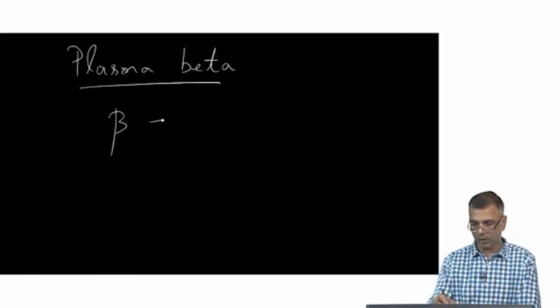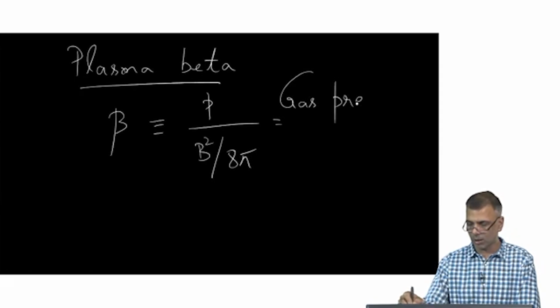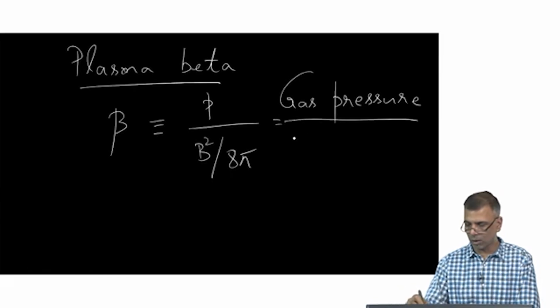which is defined as P over 8 pi. This is essentially gas pressure over magnetic pressure.